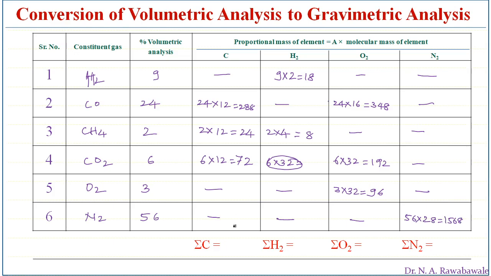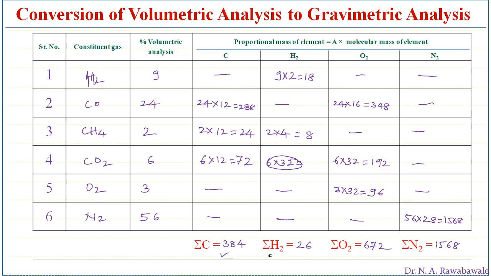So the summation of carbon is 384, summation of hydrogen is 26, summation of oxygen is 672, and summation of nitrogen is 1568.